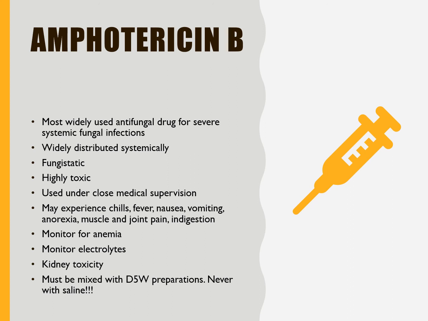And also you would want to really be watching their electrolyte panels in their BMP or the CBC, or in the CMP, whatever it is that you're having ordered. Magnesium and potassium levels and renal function should be very, very closely monitored.